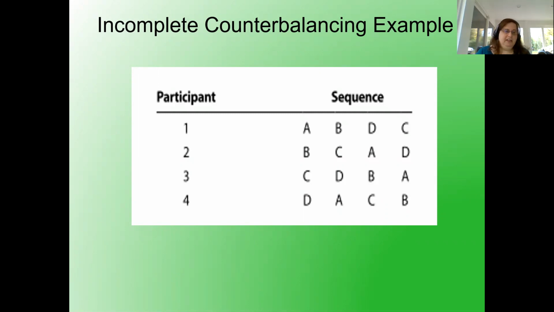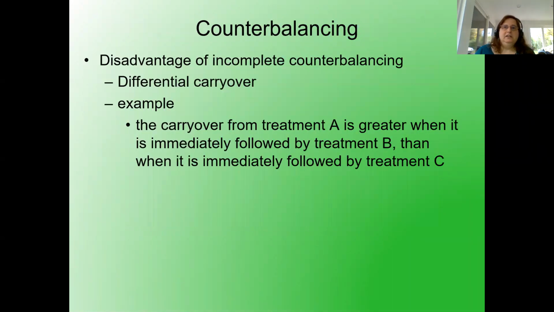Okay, it's a pretty good deal though, the incomplete counterbalancing. Like I said, it's used quite a bit. So as I said, you could have differential carryover. If the carryover from treatment A is greater when it's immediately followed by B than when it's immediately followed by C, it could be a problem.